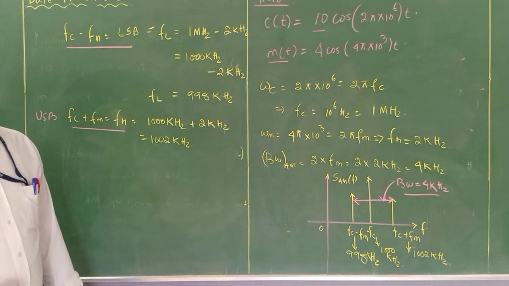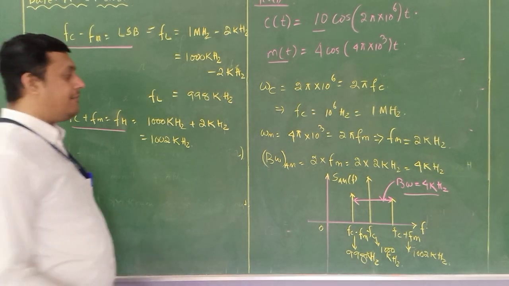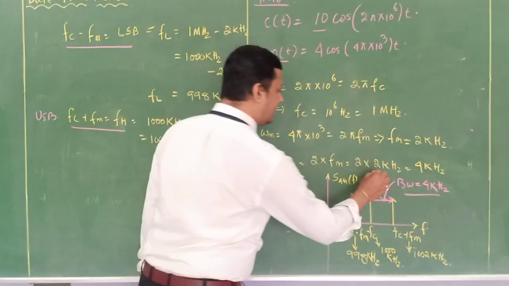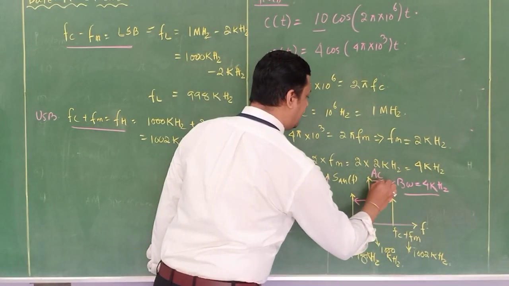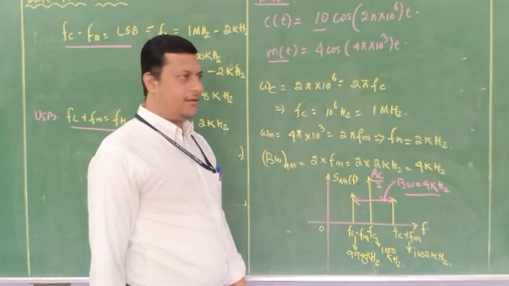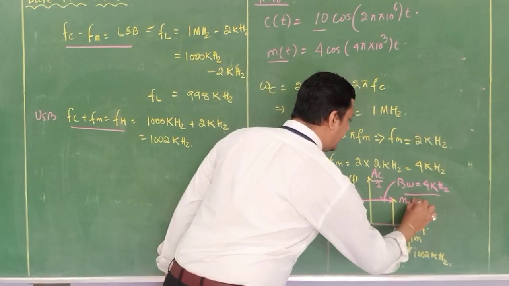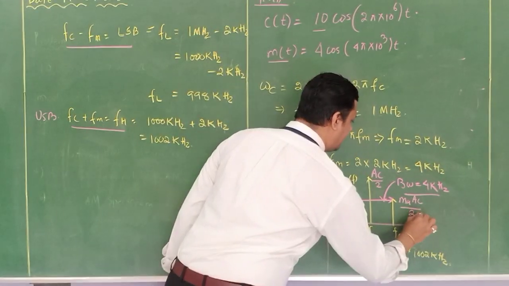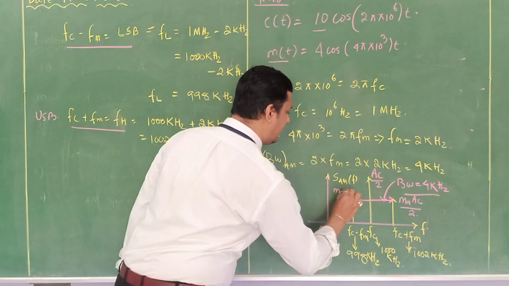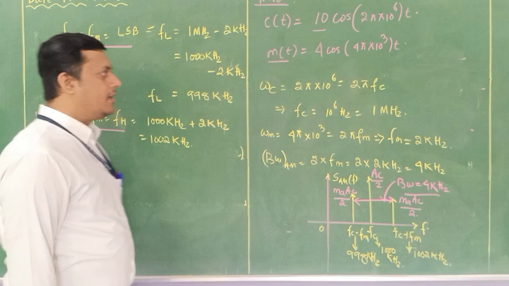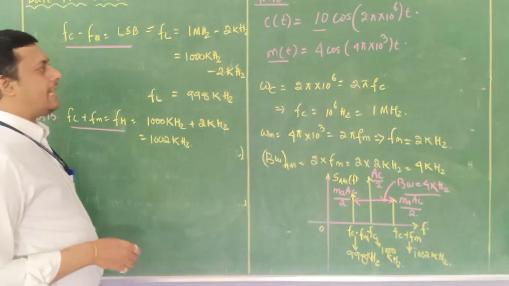Now next comes the amplitude available in these spectral components. First is AC by 2. The next one is MA into AC divided by 2, and here also MA into AC divided by 2. Now how to calculate this MA?